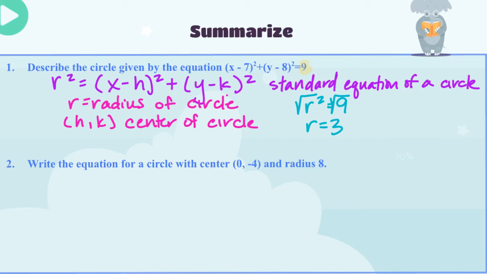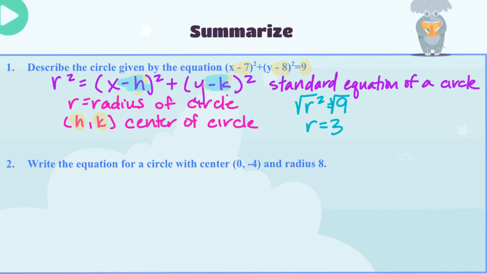Also notice that we are given two pieces of information in the position of the h and the k, which would be -7 and -8. However, notice that (h, k), when it's written in ordered pair form, doesn't include either of the negatives that are included when it's written in the equation form.